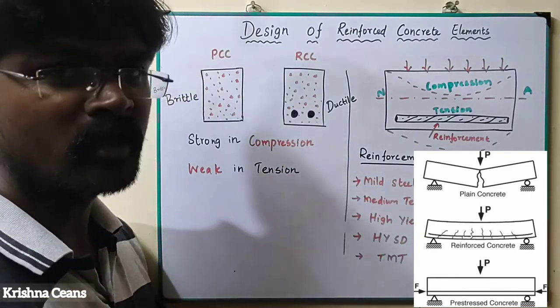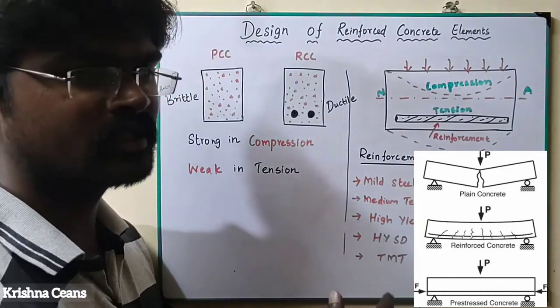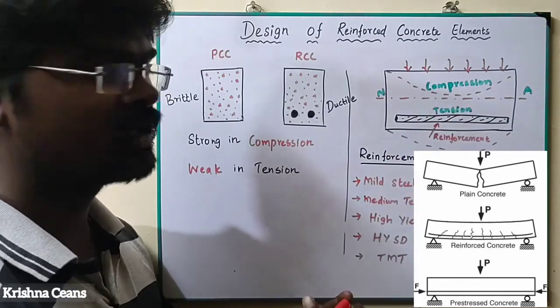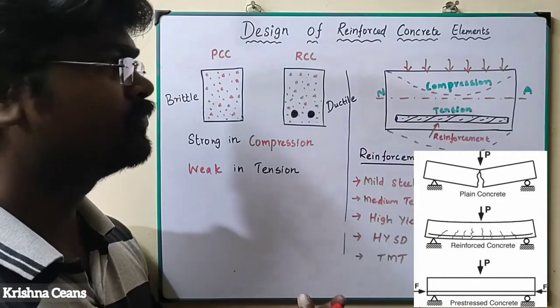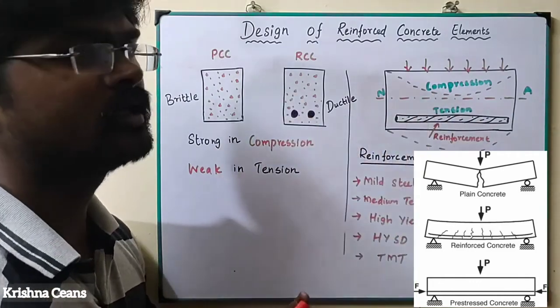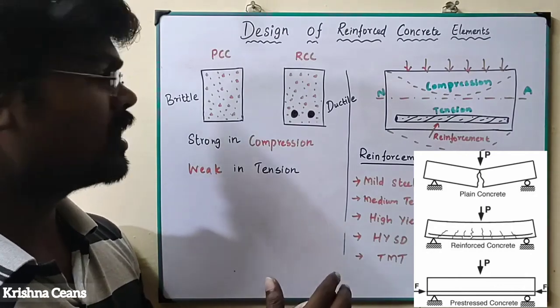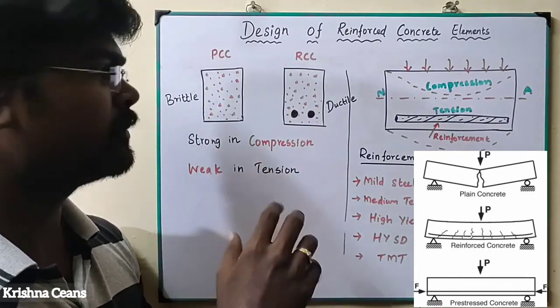So for that only we insert the steel bar in the tension zone to overcome the failure of the concrete. That's why the RCC mechanism has arisen. So that's why we go for RCC. We have to keep it in mind.